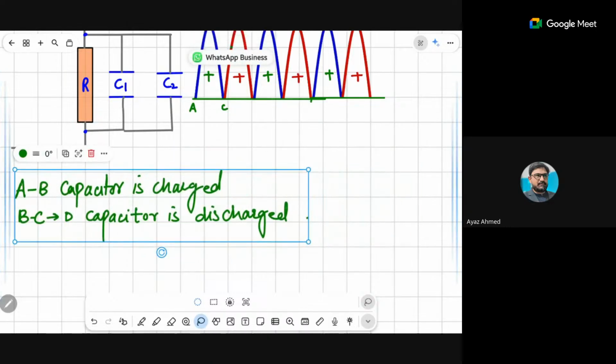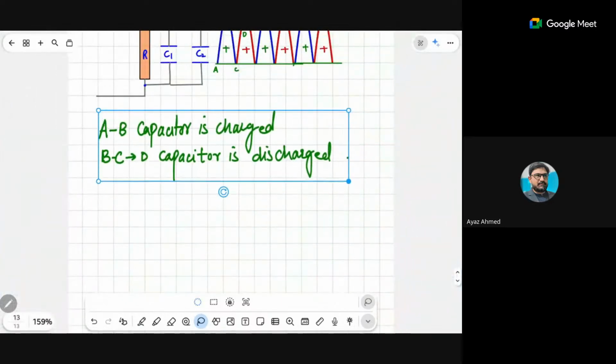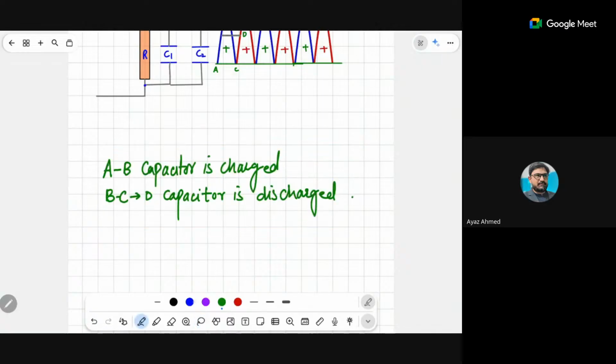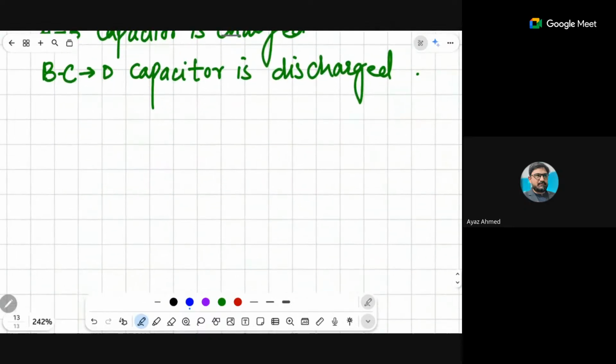Here we go. How do capacitors work? Actually, these capacitors are very interesting things. The capacitor has an RC time constant, if you remember. Do you remember the RC time constant of the capacitor? RC is equal to T, that is, this is basically the time constant.